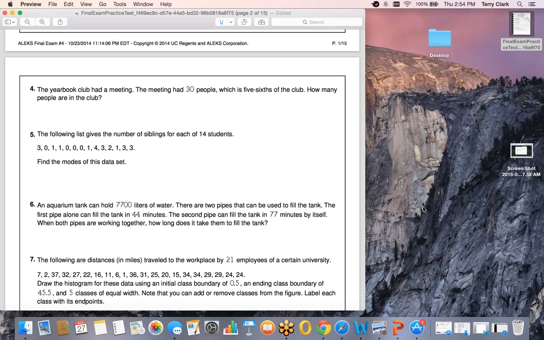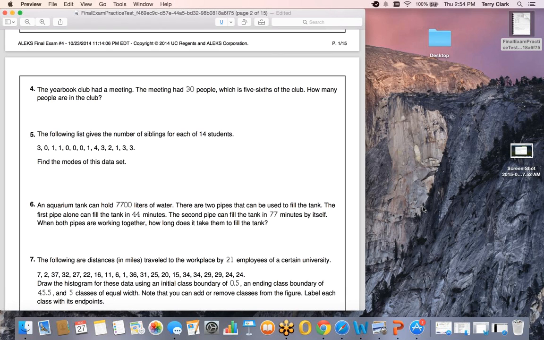That's why they're asking us how many people are in the club. Hence, we don't know, so I'm going to call that C for club. The question tells us it's unknown, so that's going to be our variable. When we look at word problem strategies, one of the things we've got to do is figure out what the unknown is, because that's what our variable is going to be. Okay, so that's our problem.